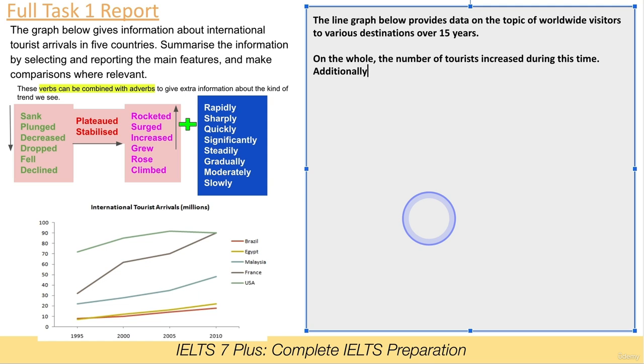So additionally, the sharpest increase was seen in France, because France starts off with just over 30. Like I say, we'll go into details later, but ends at, this looks like, above 80 here. So I think that's perfect for your overview.